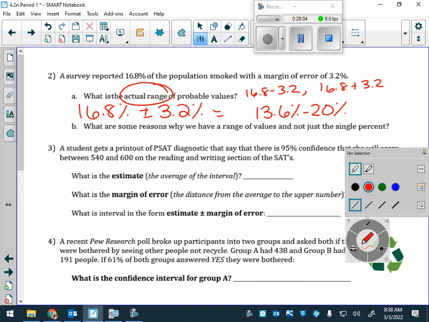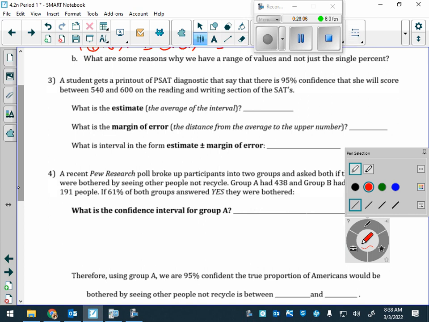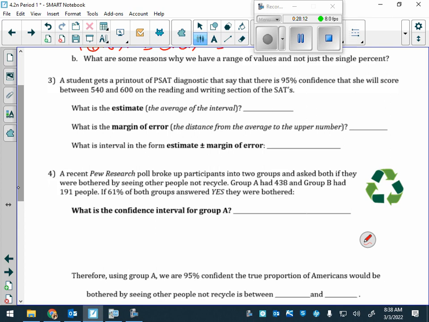All right. So then here, this one, we are working backwards. A student gets a printout of PSAT diagnostic that says that there is 95% confidence that she will score between 540 and 600 on the reading and writing section of the SATs. What is the estimate? So we have to find the statistic.